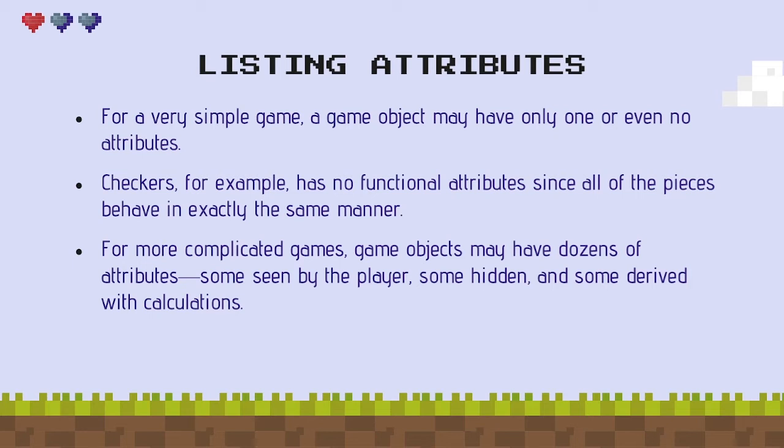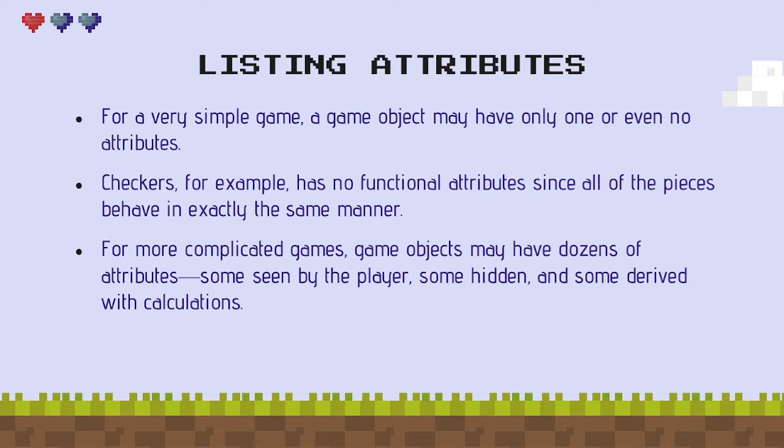But if you'll be creating a chess video game, it's very essential to have attributes because you need to use them to differentiate the purpose and function of the different pieces. And also, the purpose and function of the spaces, our squares.